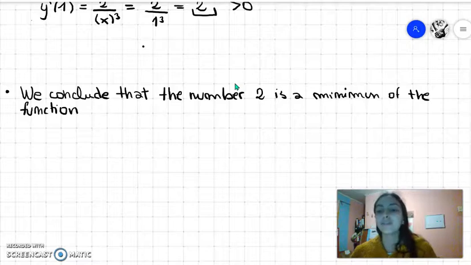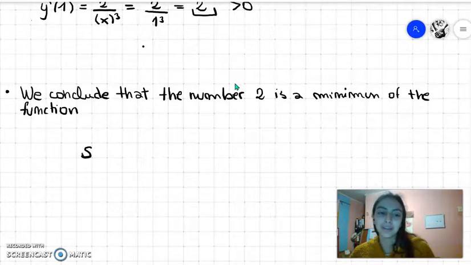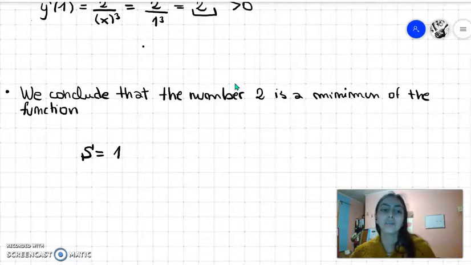And what does our function mean? Well, we need to remember that our function is the sum of the number 1 plus 1 divided by this number, that is 1.